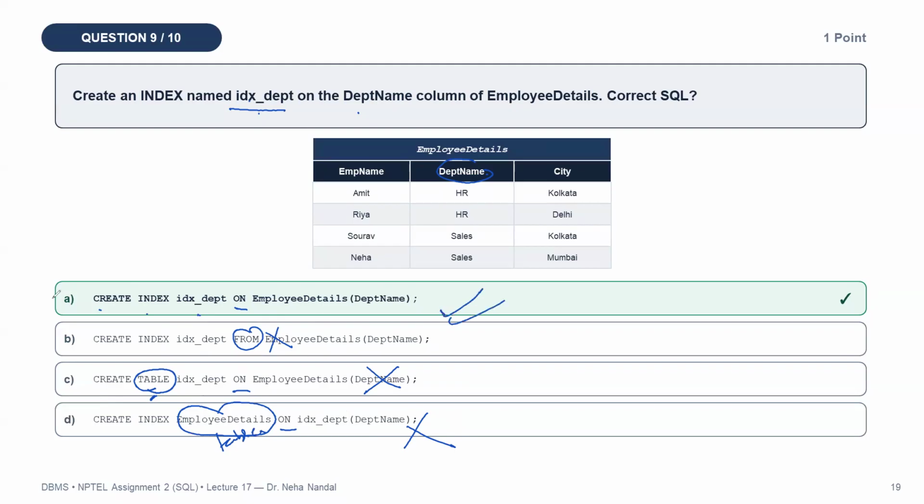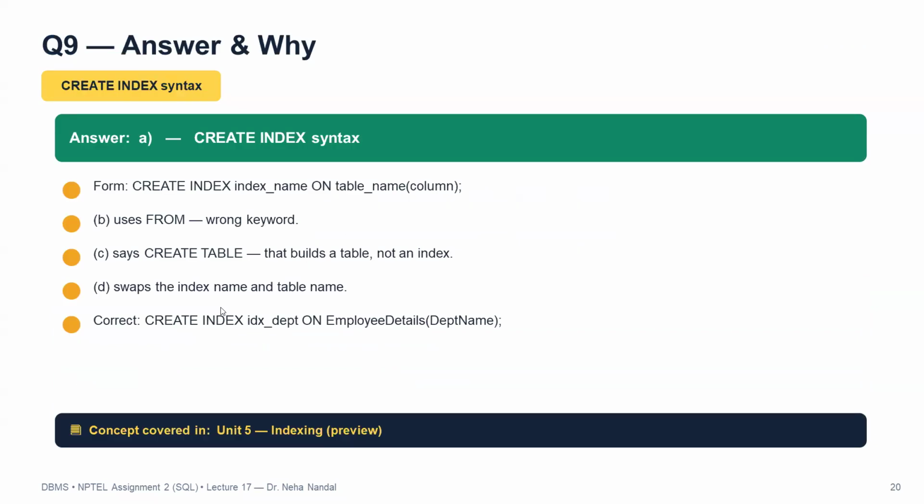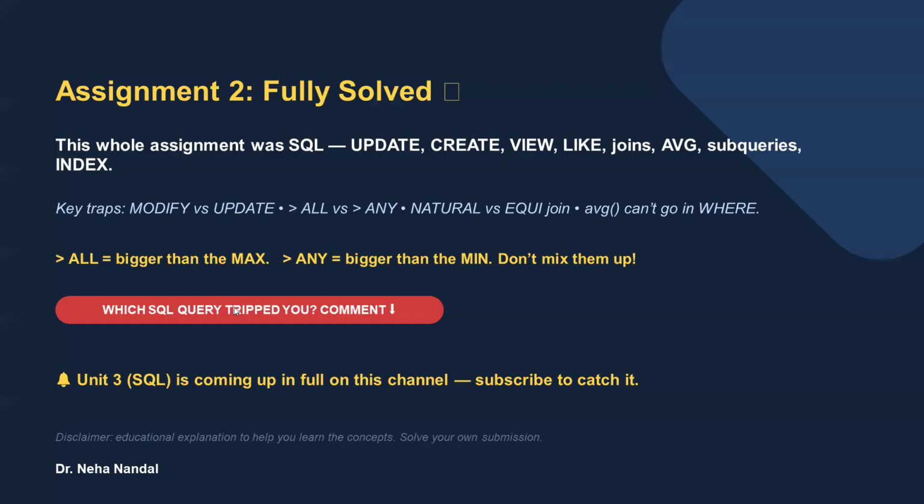That is the correct syntax. If you observe keenly, you can find out these answers very easily. This is the explanation. You can pause the video and go through it for revision. That's it, I think we are done with this.